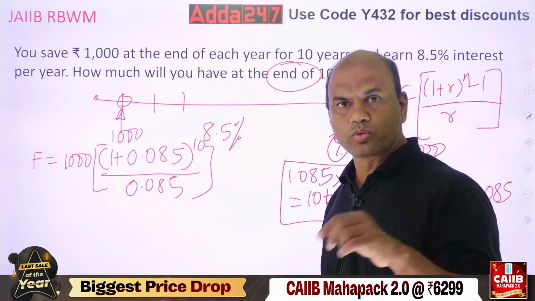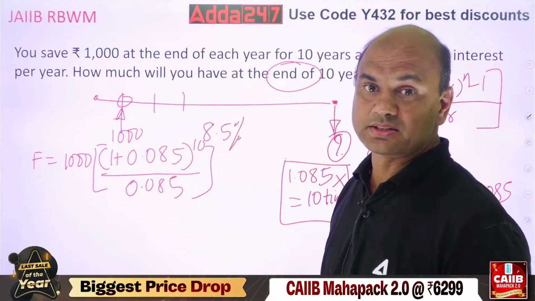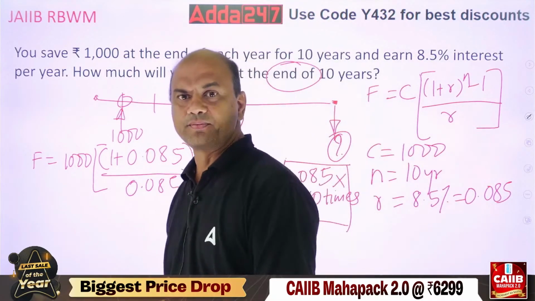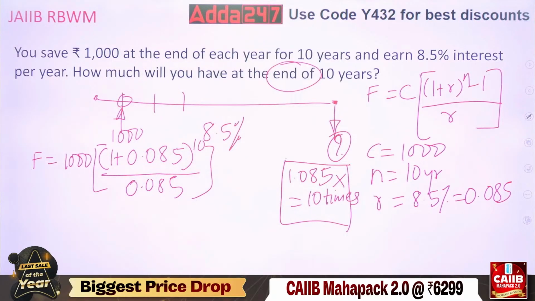Go on pressing it on that black calci or your normal commercial calci. You are not allowed to use scientific calci in your exam, so you'll have to practice on commercial calcis only.